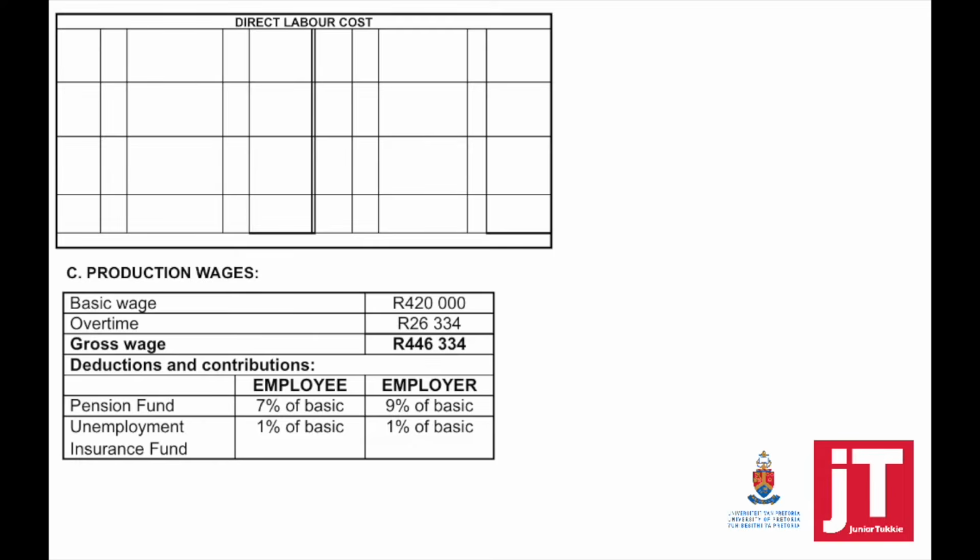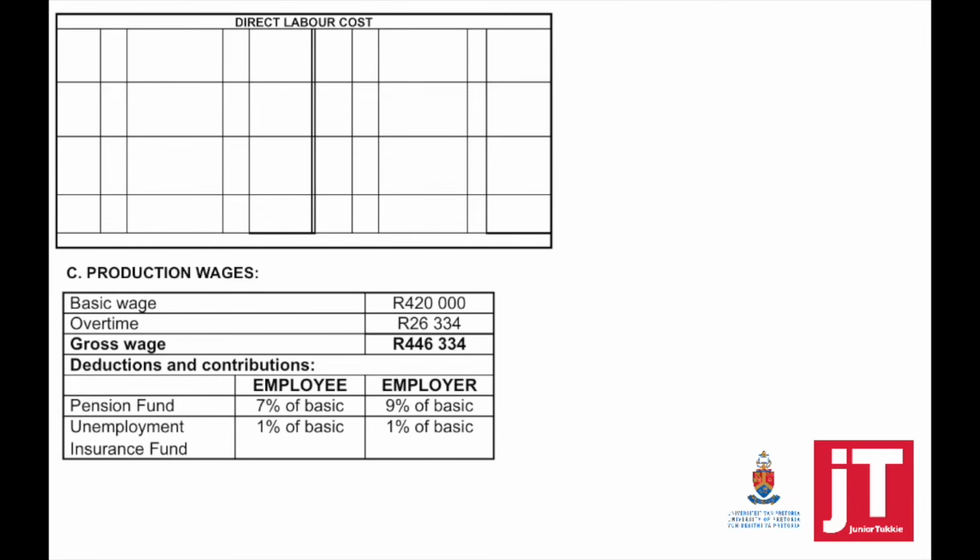All the deductions is taken to a specific fund account, which is a liability. What we owe our employees, the net salary or the net wage, is a liability. And then the business can contribute towards the UIF, for example, towards the medical aid, towards the pension fund. That is an expense to the business.